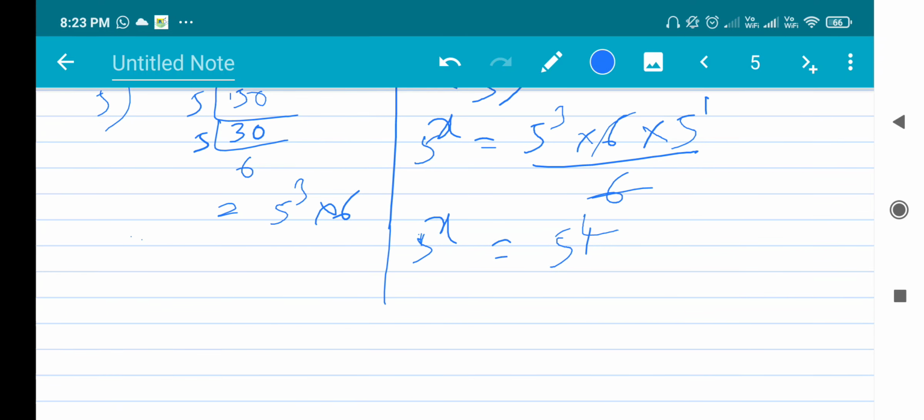Here the bases are the same, 5, and the powers are also the same. Therefore x is equal to 4.